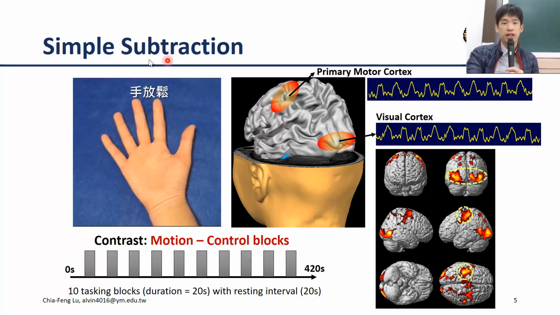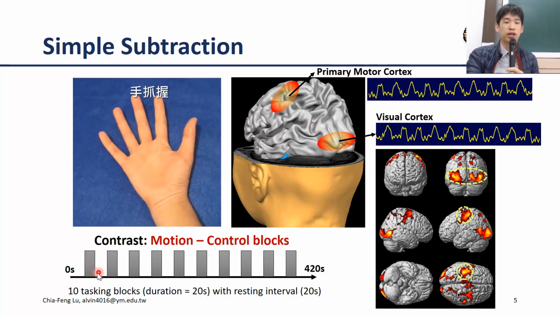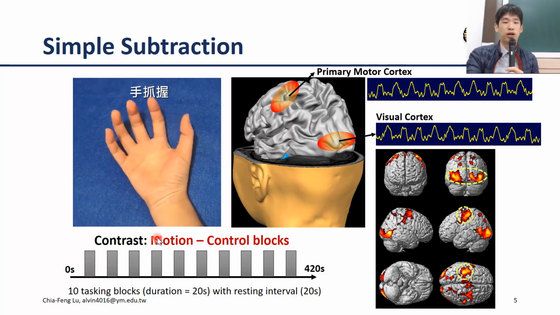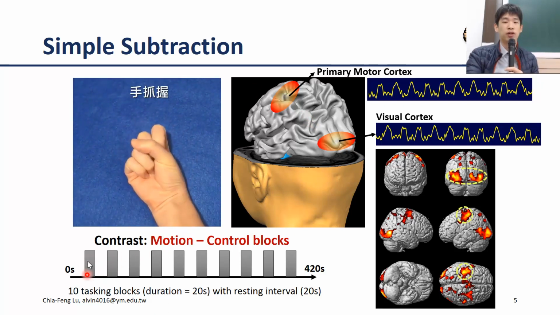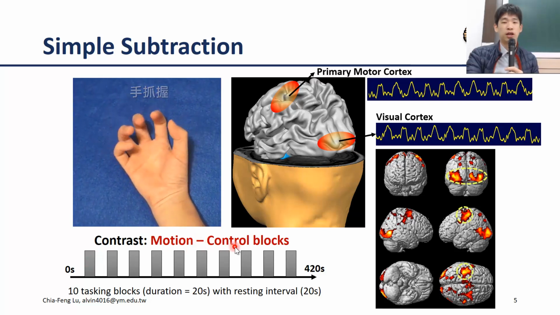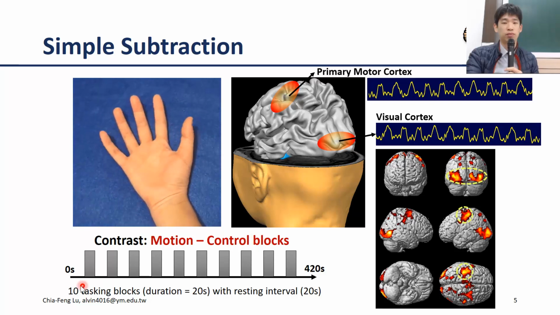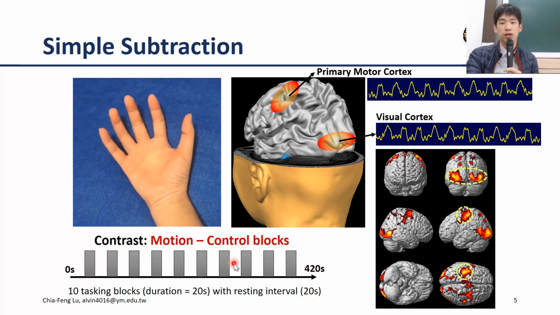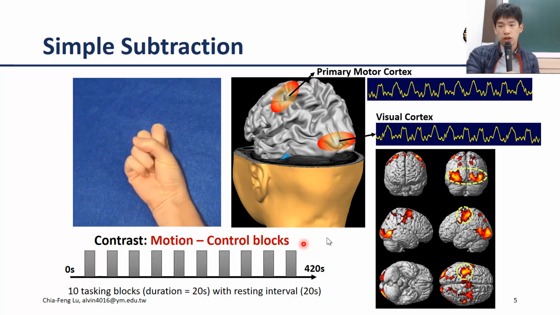And when we say simple subtraction, that means if I'd really like to see the activation, I will investigate the contrast between the hand grasping, or maybe we can say the motion period, and subtract the control block, that is the resting period. Okay.